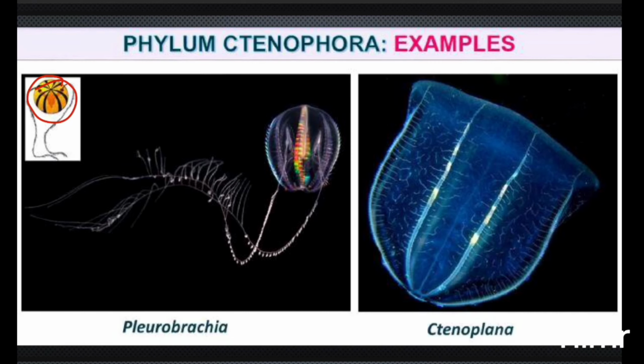This area is transparent, and there will be 8 vertical comb plates present, and also you can see that 2 long tentacles are also there, right? So these are the long tentacles. The main examples of Ctenophora are Pleurobrachia and Ctenoplana, right? These are the 2 main examples of Ctenophora.